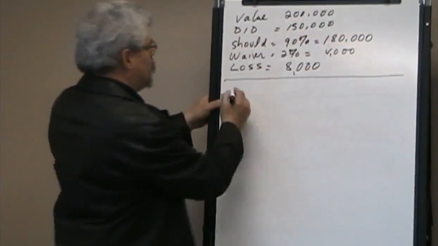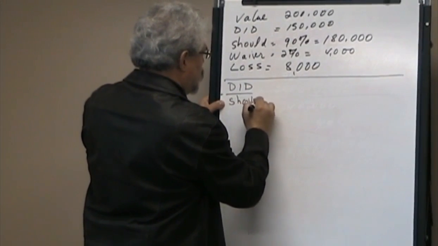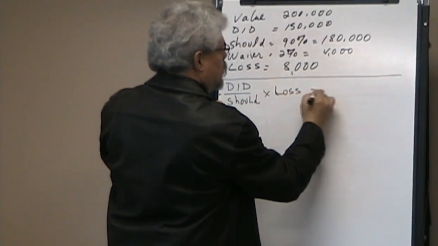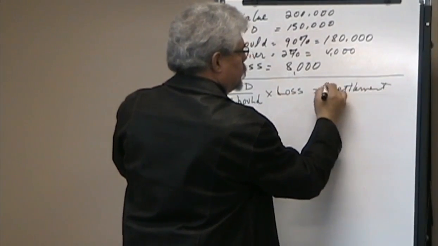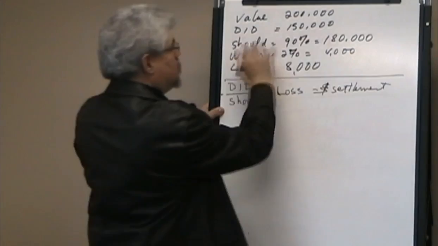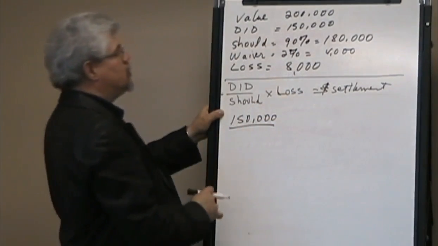Okay, so what's our formula? Our formula is did over should times the loss equals the settlement, the dollar amount. Okay. So let's find out. What's the did? $150,000. What's the should?